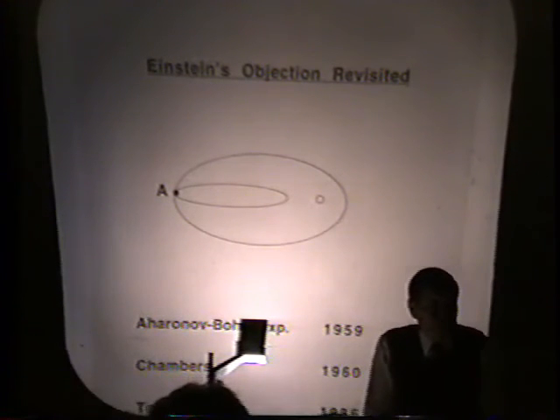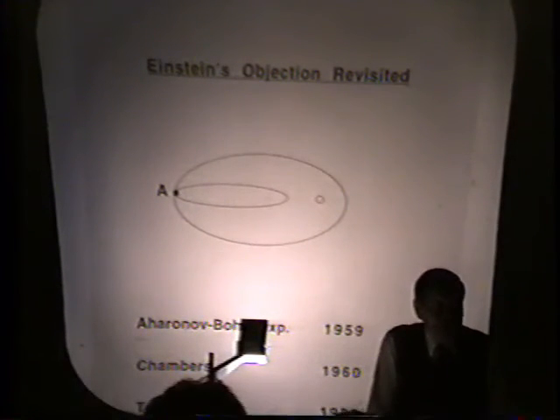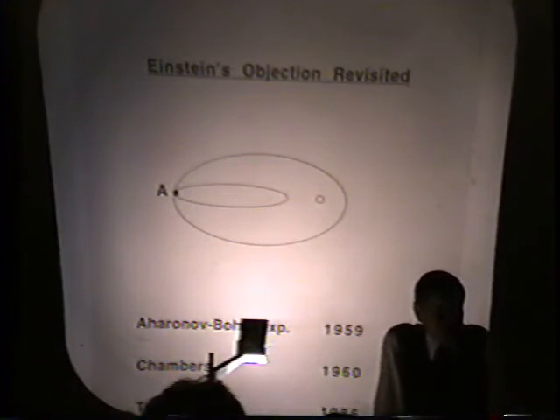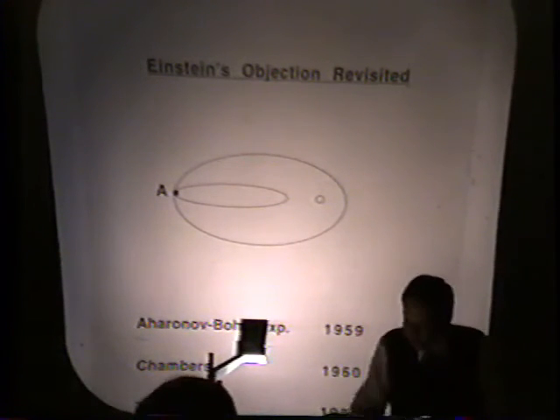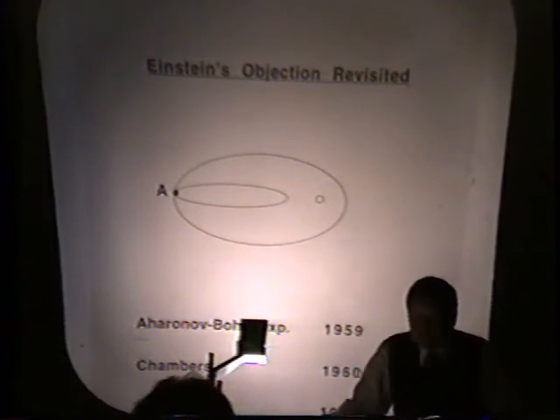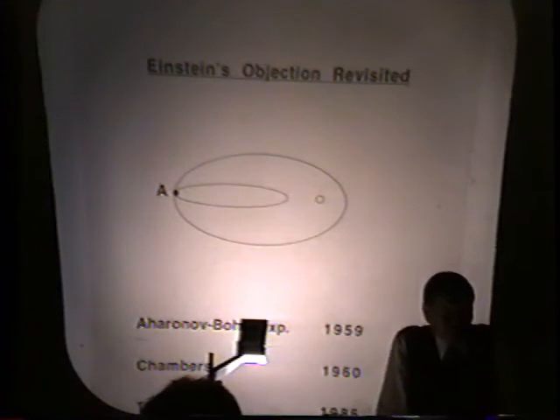And that met with a violent objection, because people say that if the electron in neither path sees any electric field or magnetic field, then they cannot be influenced by what's inside of the solenoid. So this was a very bold proposal.